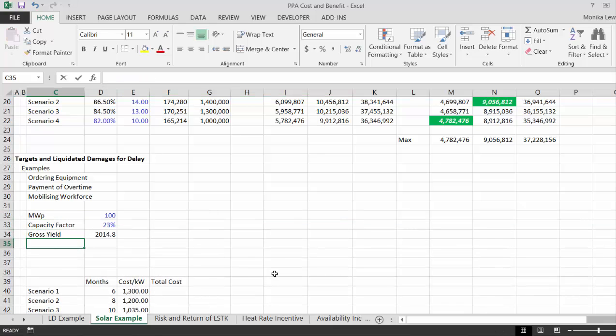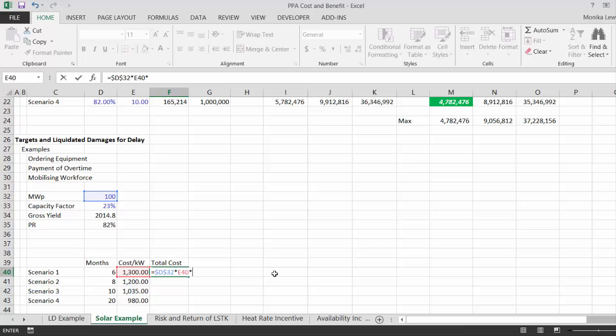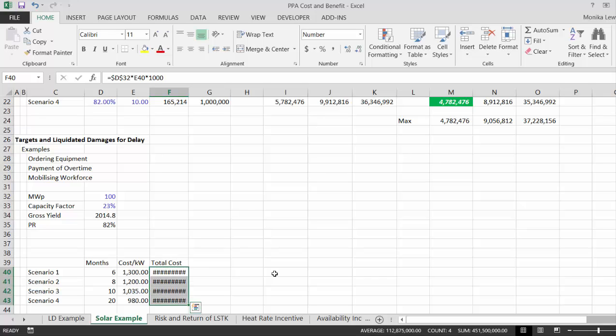So let's put a PR of 80% or something. So how about 82? And the total cost is our megawatt cost, megawatts, times the cost per kilowatt times 1,000. Okay, big number. Control D, Control R, Alt H9, right?